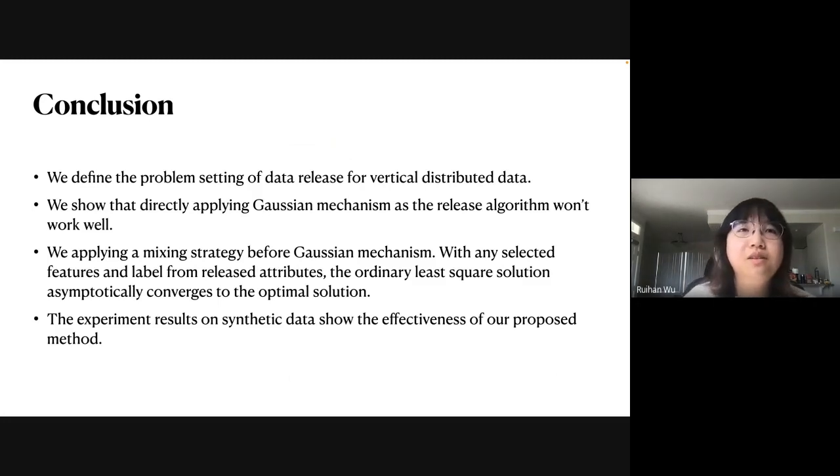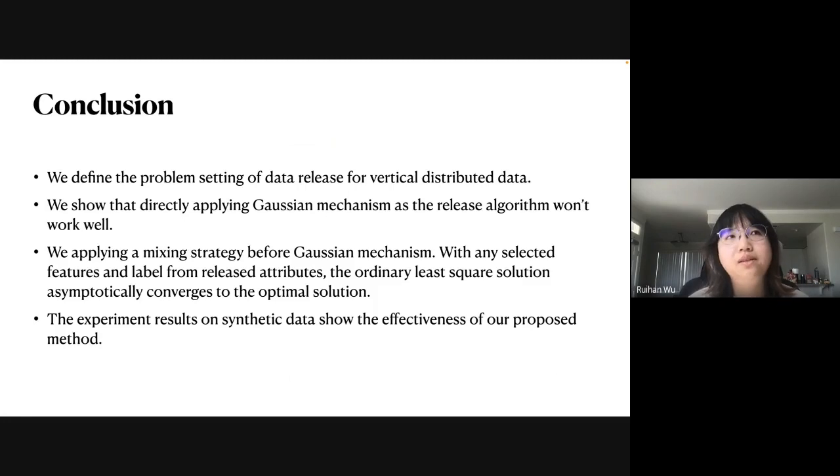So in conclusion, first we define our problem setting of data release for vertically distributed data, and then we show that directly applying the Gaussian mechanism won't work very well. Then we apply a mixing strategy before the Gaussian mechanism.